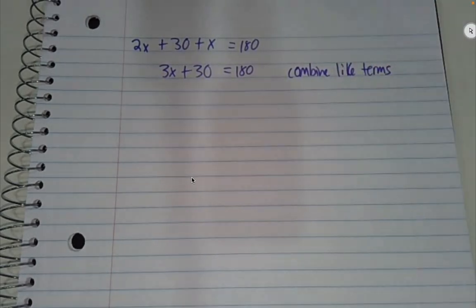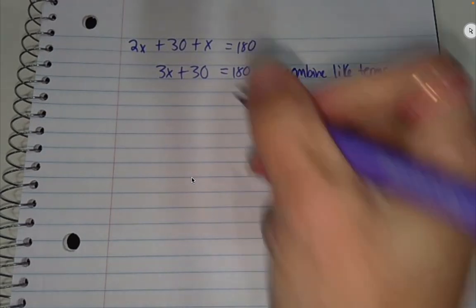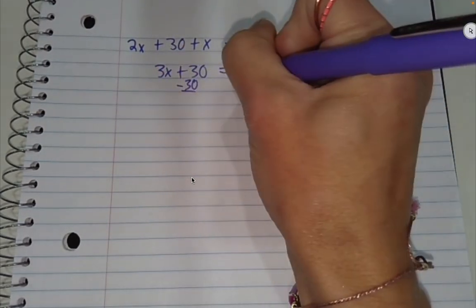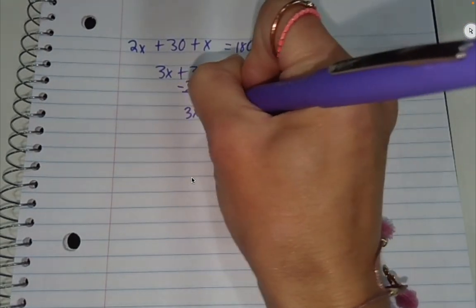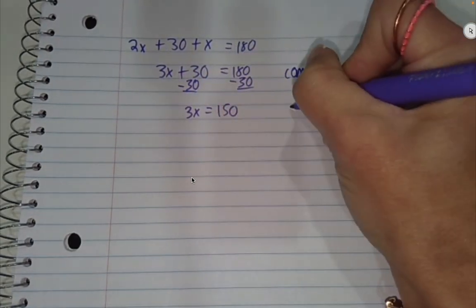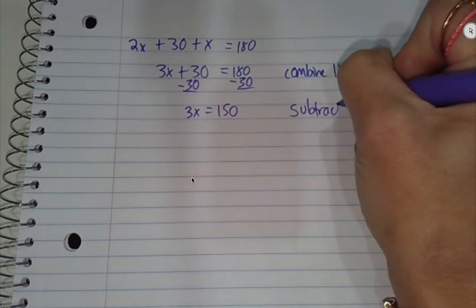Is everybody good with that? Then what would we do? Subtract 30 from 180, from both sides. Yeah, I'm going to subtract 30. We looked at this a tiny bit yesterday. If I subtract 30 from both sides, isn't that subtraction property? I just subtracted from both sides.